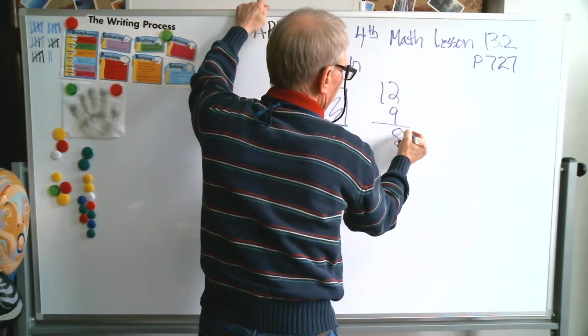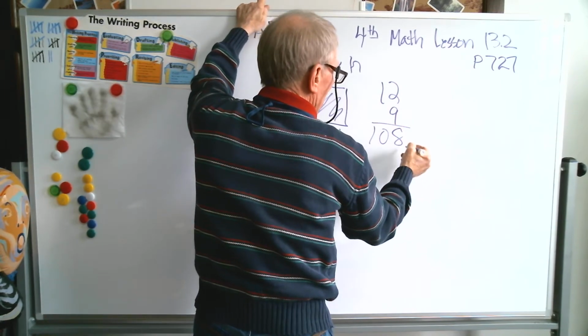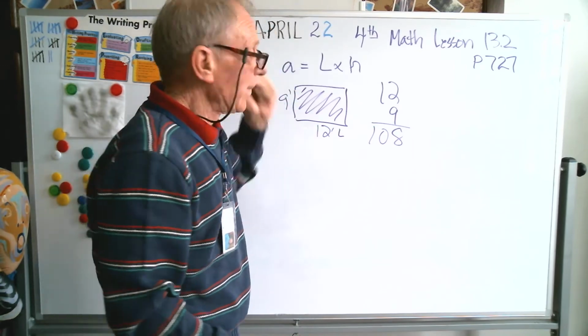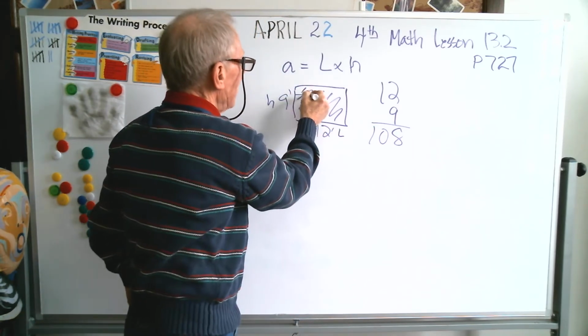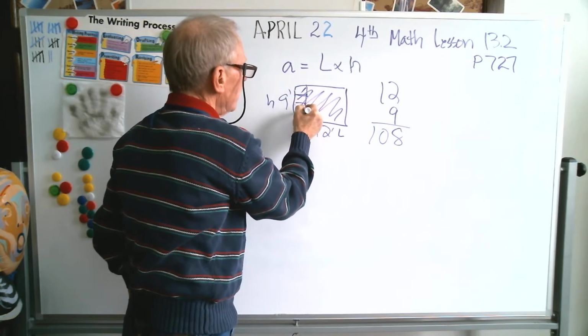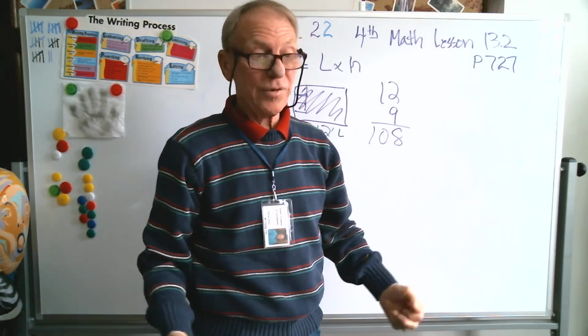9 times 2 is 18. 9 times 1 is 9, plus the 1 you carried. It's 108. Now, in area, we're talking about how many square units fit into that surface area.